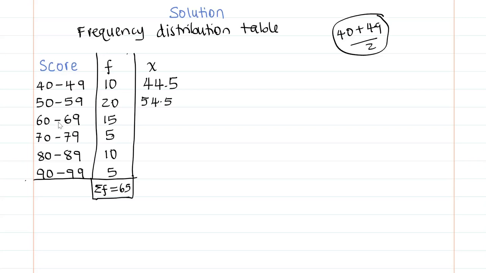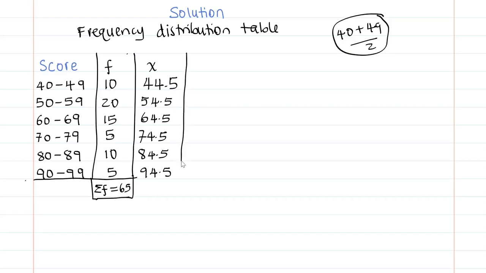That gives us the midpoint between these two numbers, and that will give us 64.5. I'm not going to explain the rest now. And then the next one, it will give us 74.5, 84.5, and then 94.5. After computing the first three values, you can see the trend that you are working with. So that is our midpoint.